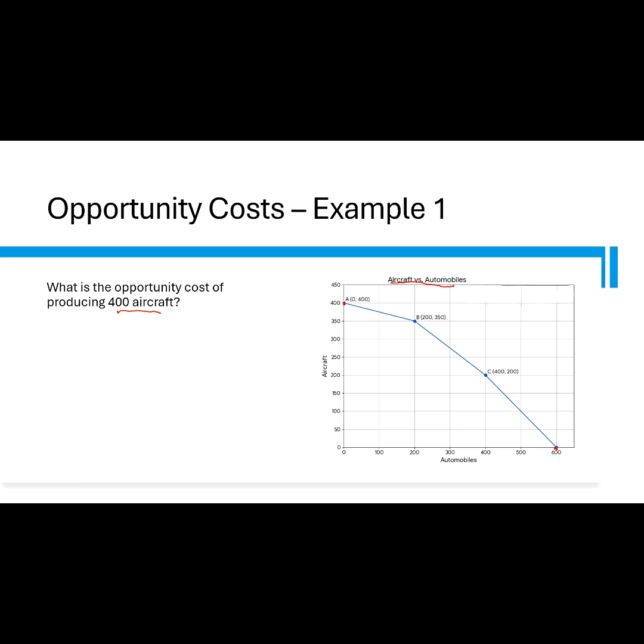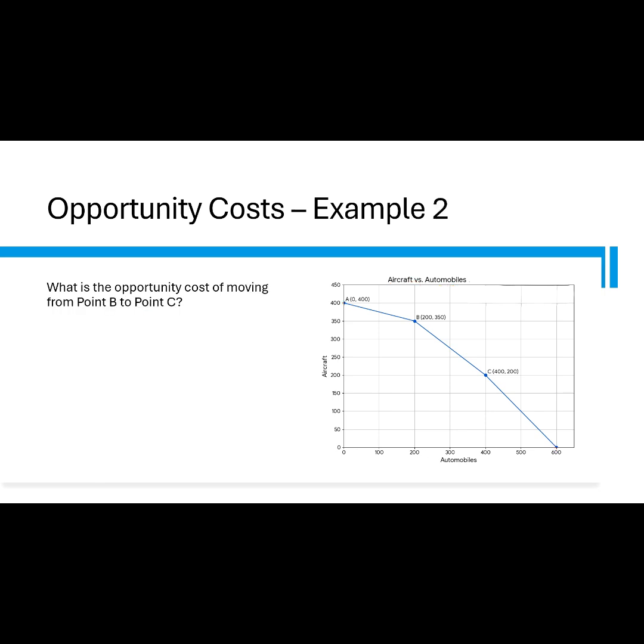So the opportunity cost, and I'm going to abbreviate OC, is 600 automobiles. That's because we are producing 400 aircraft. All right, let's go to the next example.